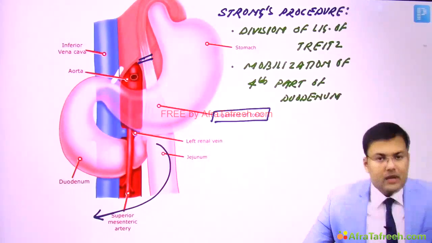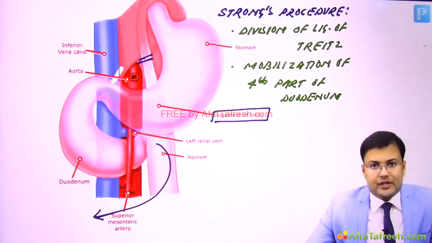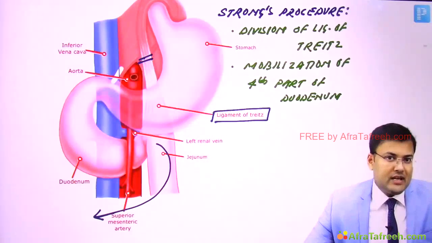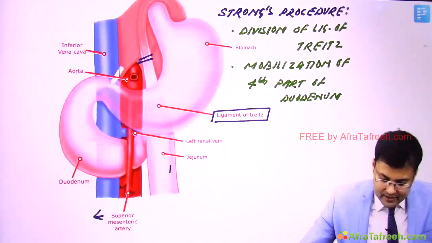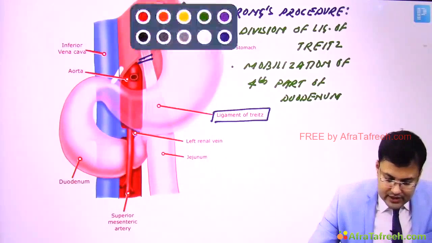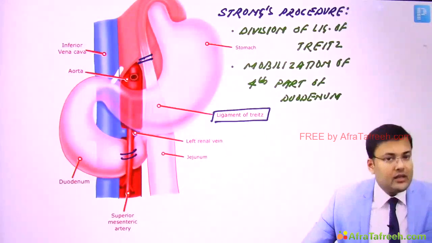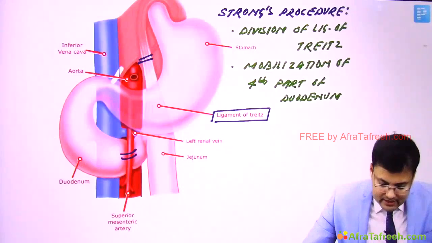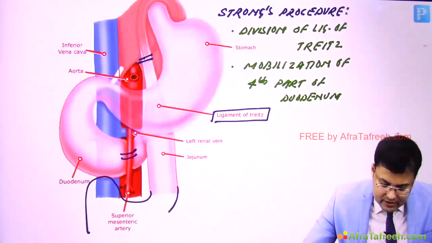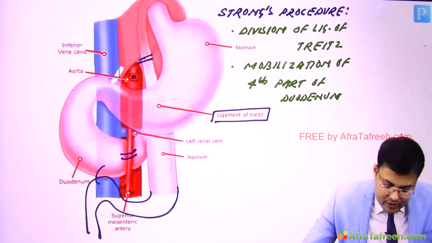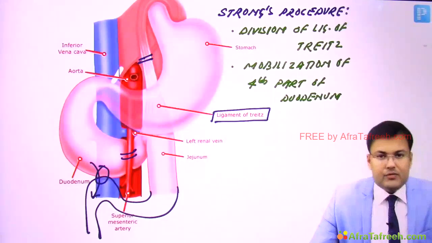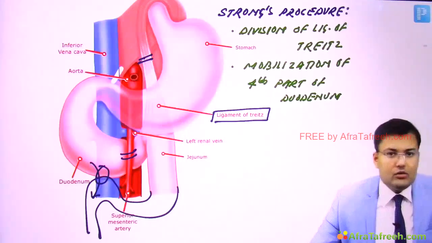Clear? By the way, what is the treatment of choice for superior mesenteric artery syndrome? So see the diagram. The treatment of choice is, see, this is the jejunum and here is the obstruction in the third part. So what you do, you bypass it. How? With the help of this anastomosis. So you take the jejunum and you perform the anastomosis between duodenum and jejunum proximal to the obstruction.